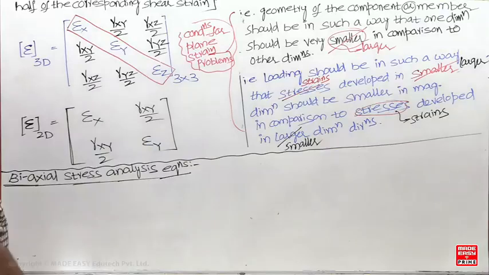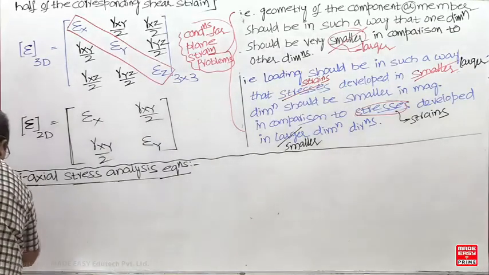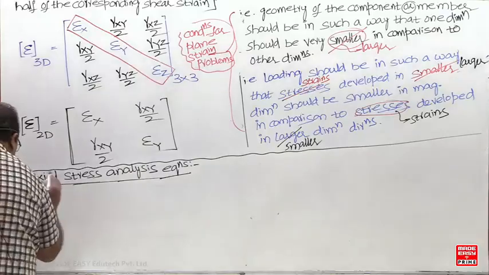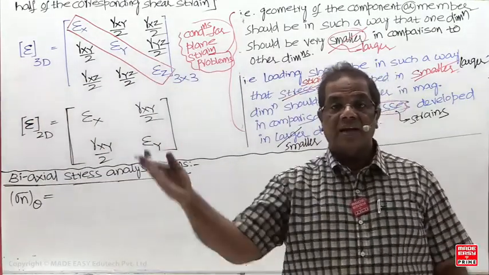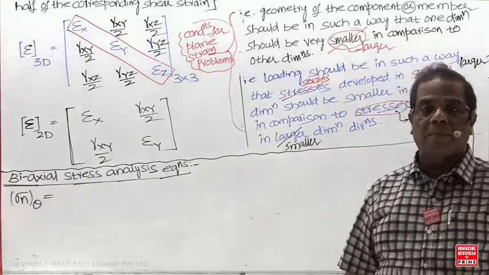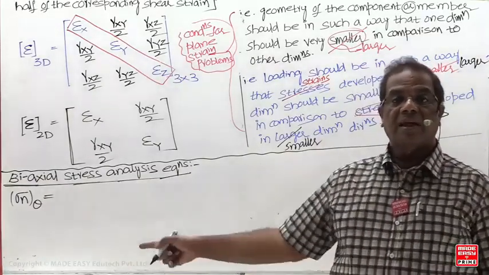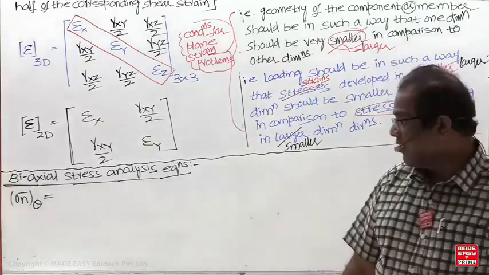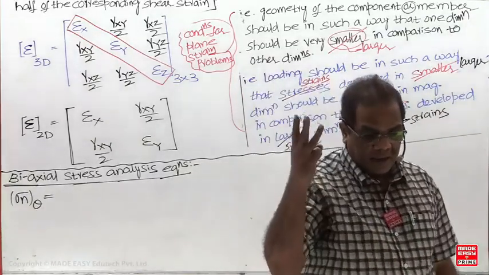Biaxial stress analysis equations. Yesterday I wrote the normal stress equation on an oblique plane, under uniaxial you derived it. Same thing for biaxial, directly I am writing for biaxial. Biaxial, how many independent components are there? 3.